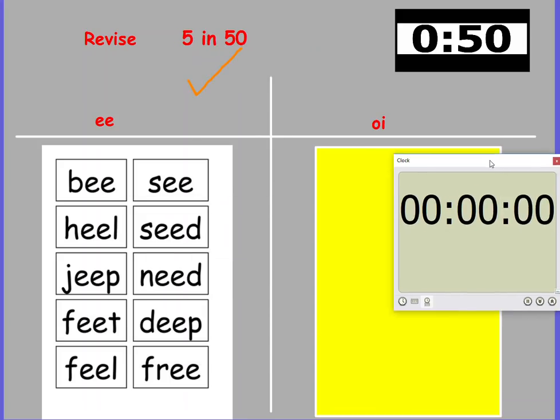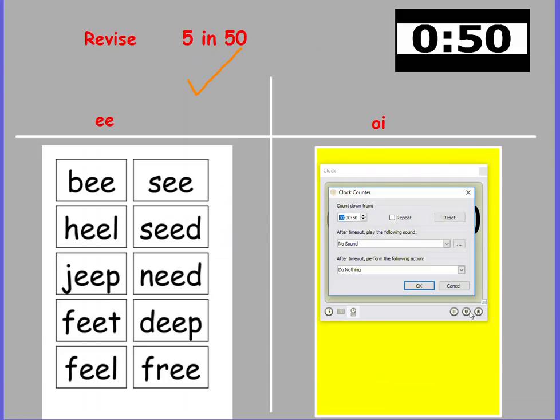Okay, we're going to play again. This time we are going to do 5 words with the oi sound.